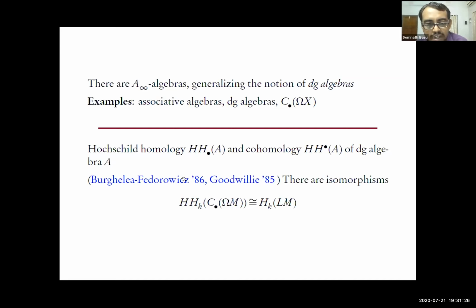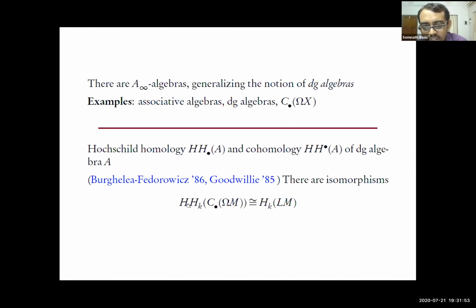But in '86 and '85, in a way simultaneously, Burghelea, Fedorovich and Goodwillie, Tom Goodwillie, proved that there are isomorphisms of graded modules. Namely, whatever this black box is, the Hochschild homology in the kth degree of this algebra, the chains of the base loop space, is nothing but the kth homology of the free loop space. Remember, this Betti number was something we did care about at some point in the beginning.